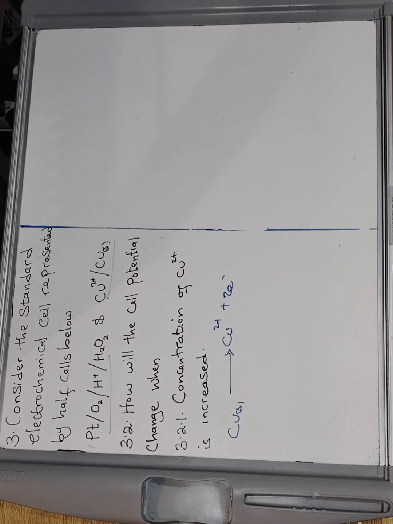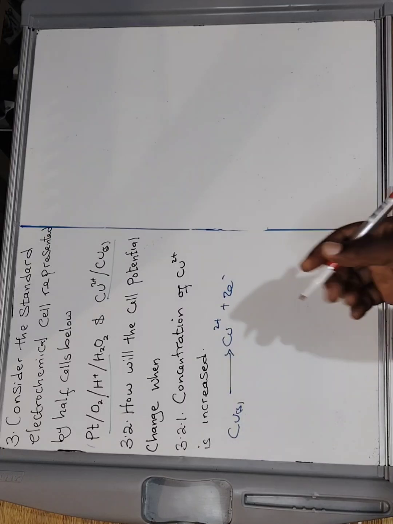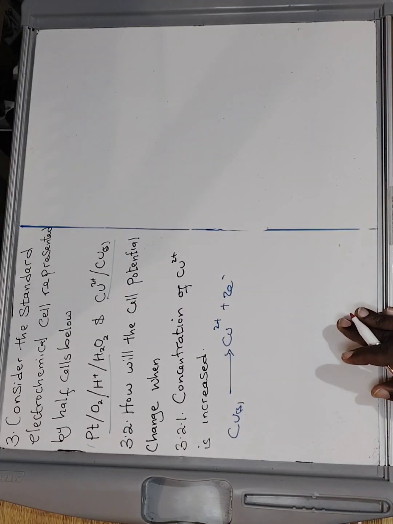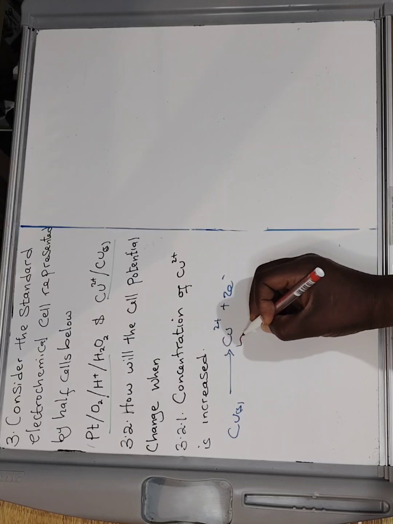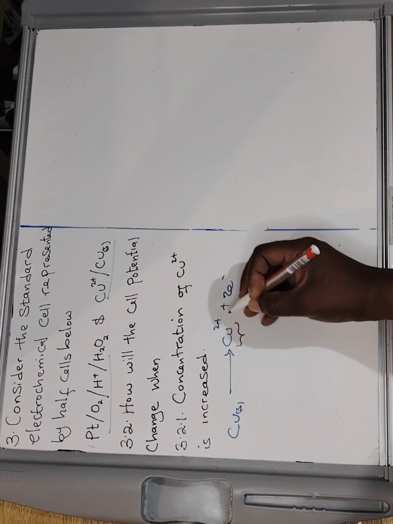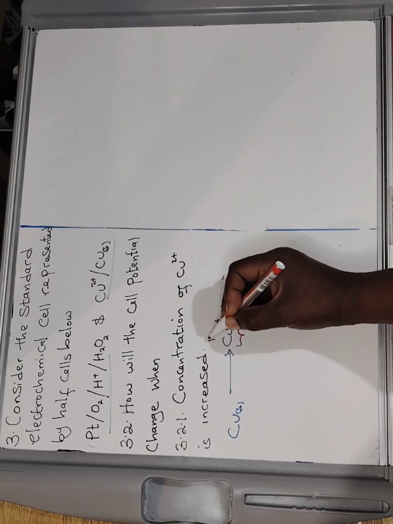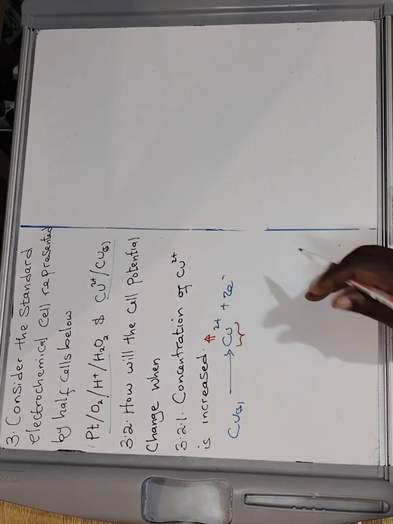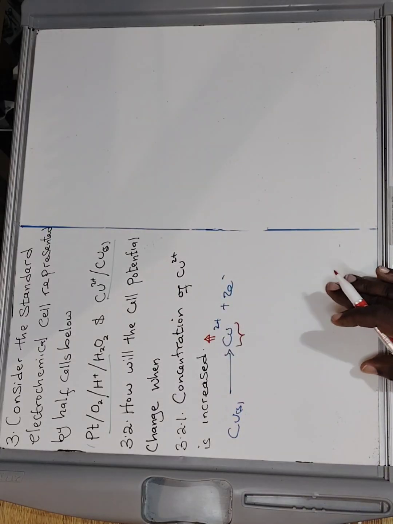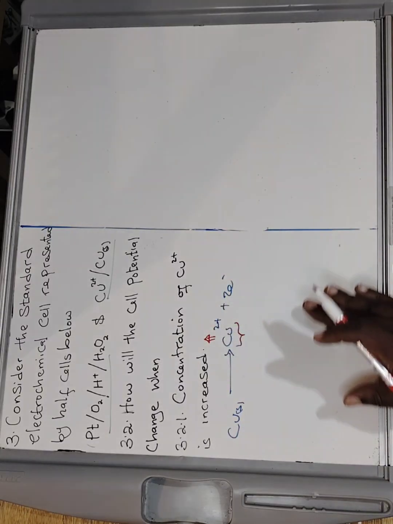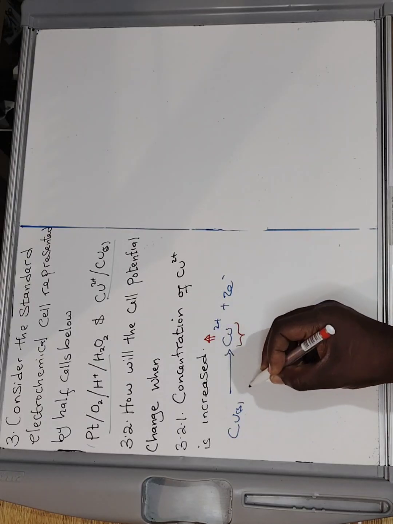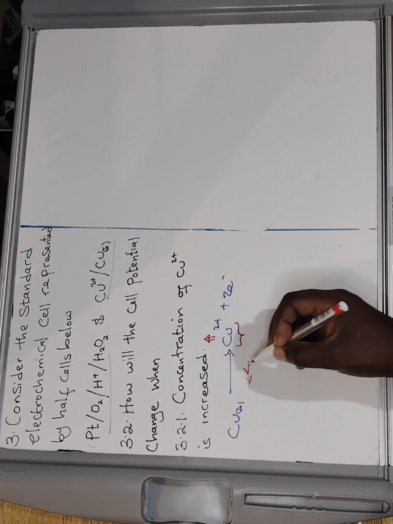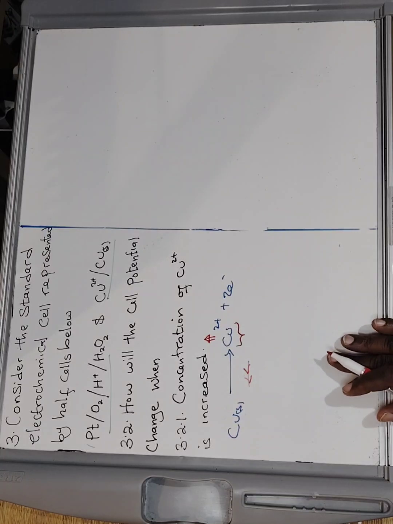To answer this question, you need to borrow knowledge from equilibrium. We are increasing the concentration of this one, which is a product. If it was equilibrium, how will it behave? The behavior will be to favor the reverse reaction.